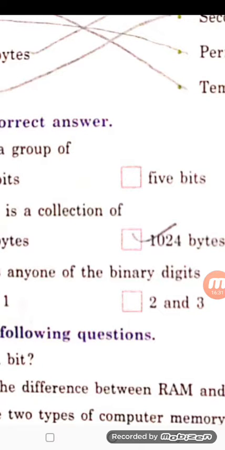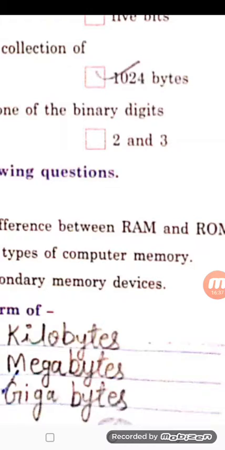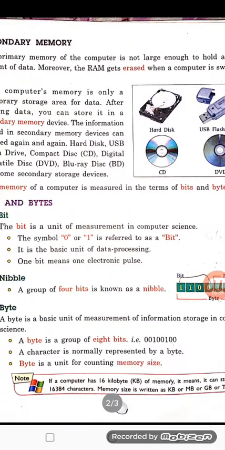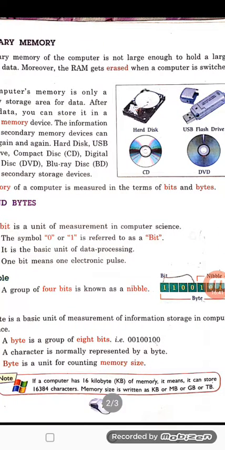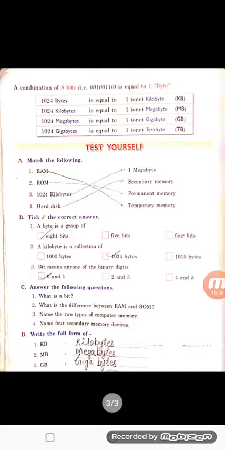For finding this out, we have to multiply. Go to your back page. It is given that if a computer has 16 kilobytes of memory, it can store that many characters, 16384. So by multiplying we can easily find bits and bytes.